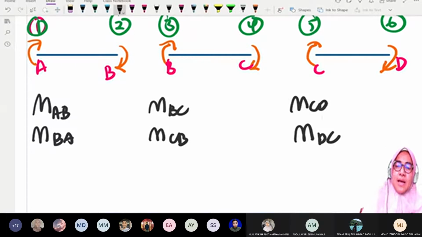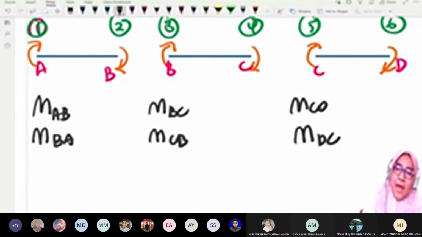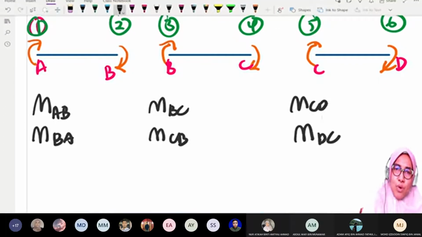And besides members, we also have another important element under this diagram, under this beam.